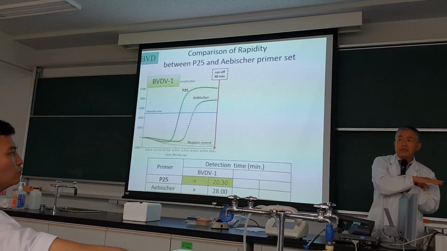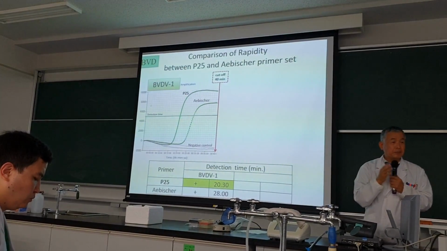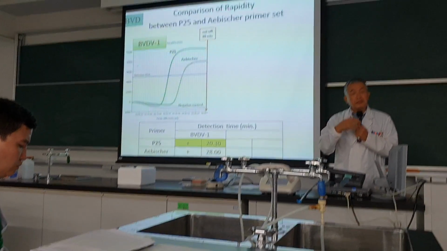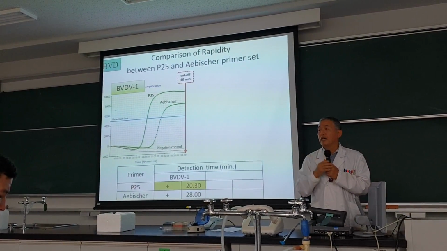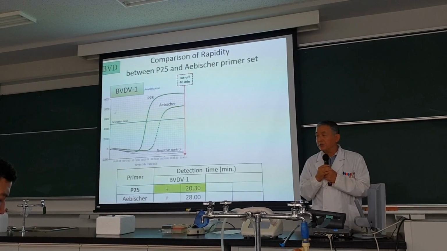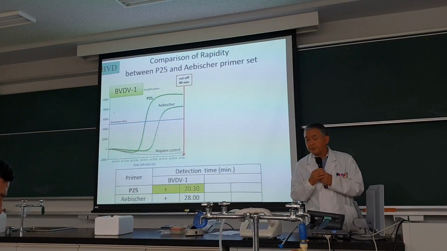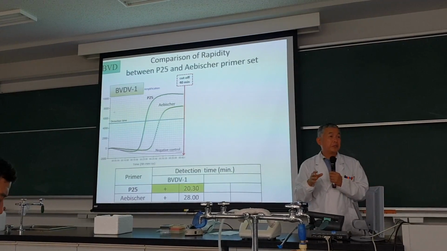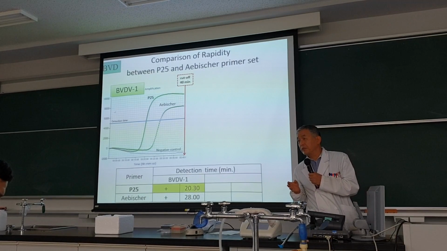In the BVD case, in your country, I don't know how important it is, but the virus spreads in the herd. Sometimes mucosal disease often occurs in some herds. In that case, brain samples should be tested for the detection of BVD viruses.